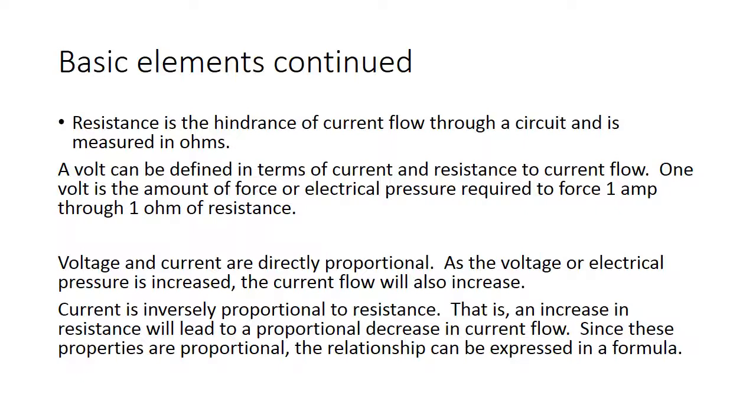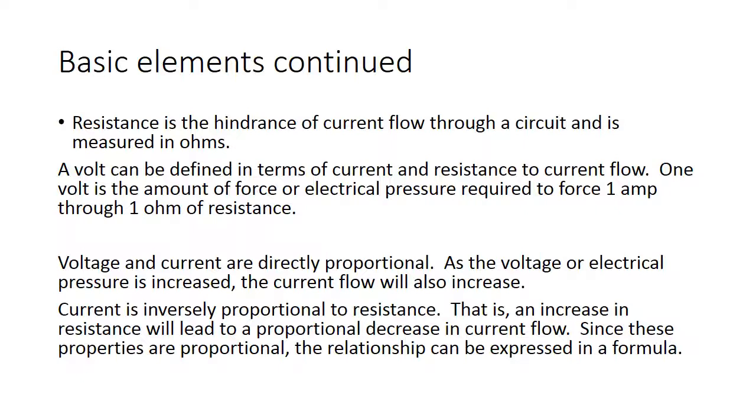And remember, 1 amp represents the movement of 1 coulomb, this huge amount of electrons per second past a given point. So when we talk about a volt, we're talking about the amount of pressure or force that's required to push this massive amount of electrons represented by 1 amp through 1 ohm of resistance.